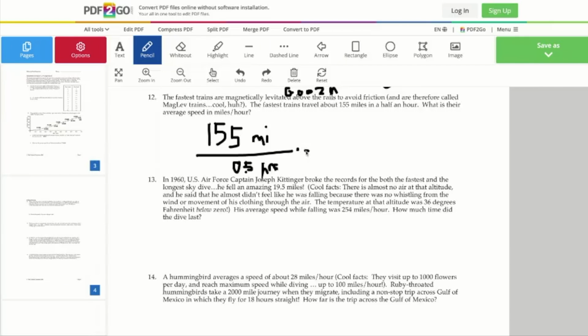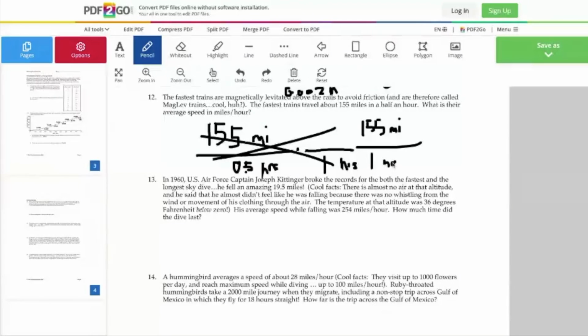Sorry, I did this wrong. I am so sorry. So we know 155 miles were traveled in 1/2 an hour. So let's just call that an arbitrary unit.